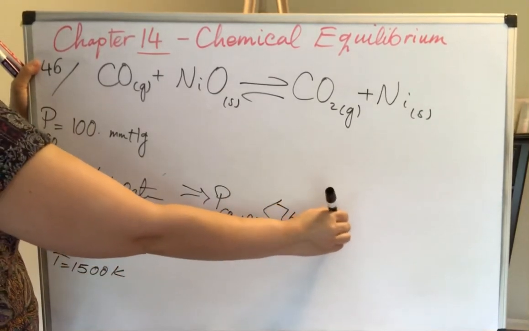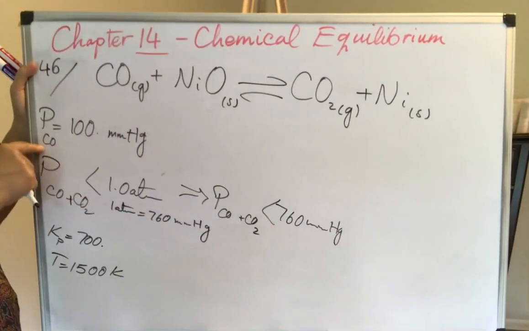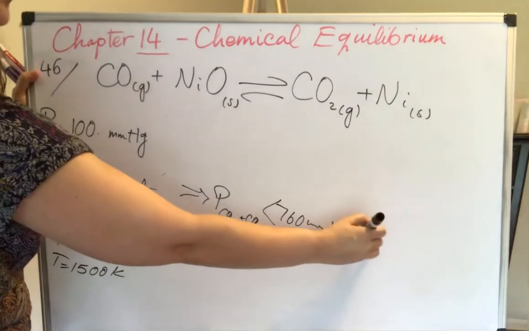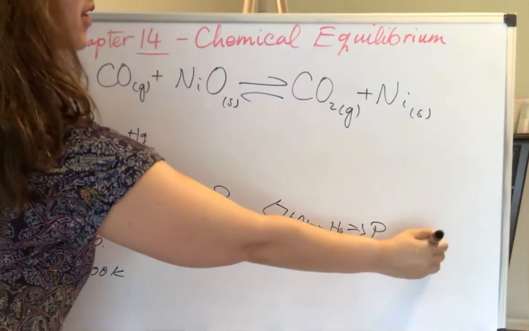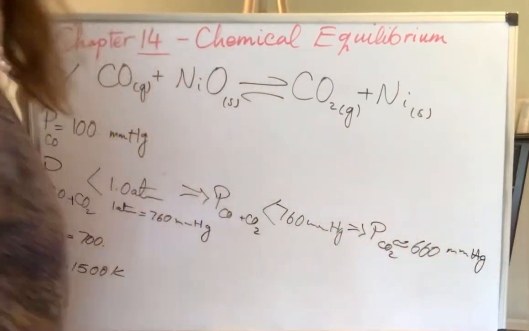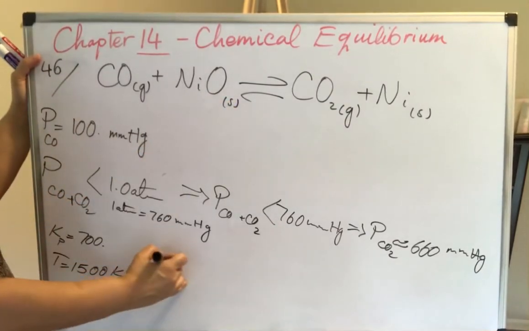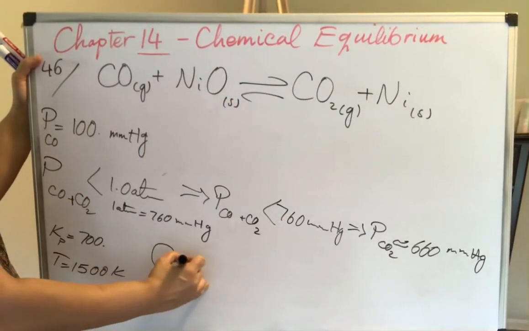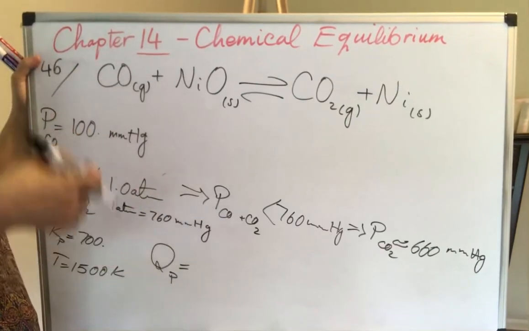They are both almost 760. So if 100 is from carbon monoxide, the pressure of carbon dioxide is going to be almost 660 millimeters of mercury, right? Because the total should be 760. Now, how do you write Qp? Qp, we said, is written the same as Kc or Kp.